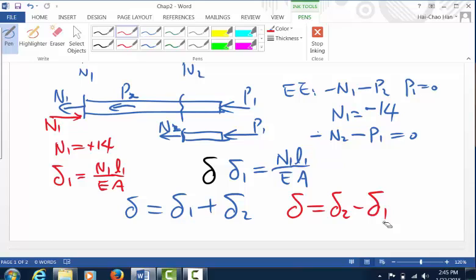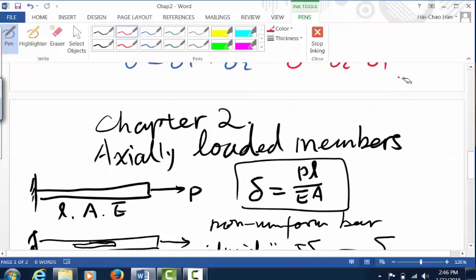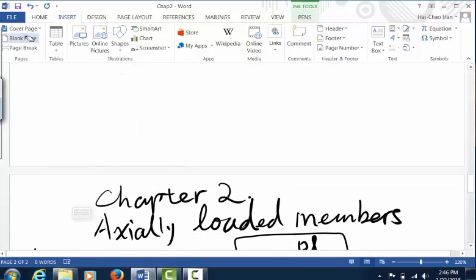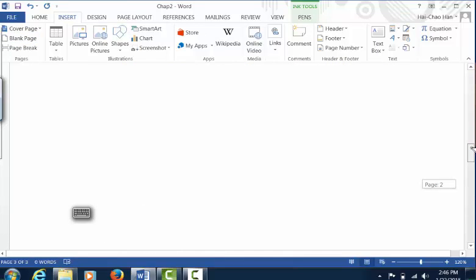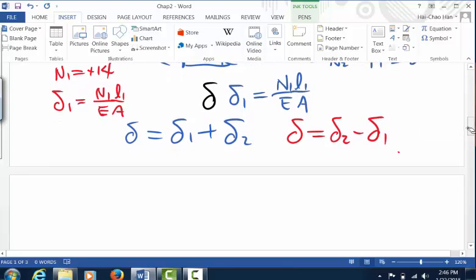Either way is fine, but don't switch in the middle of your solution, or you can get it wrong. All right? Any other questions?